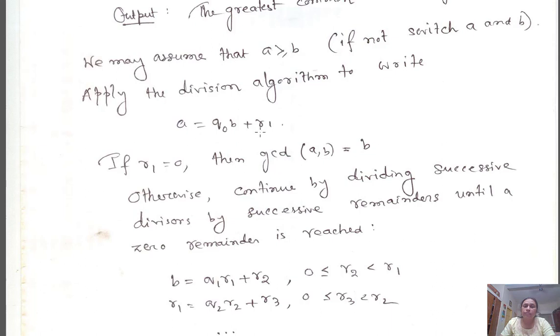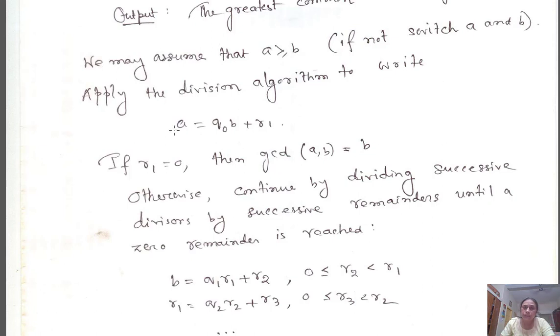So if R1 is not 0, you divide B by R1. By the division algorithm, you can write B equals Q1 R1 plus R2, with 0 less than or equal to R2 less than R1.